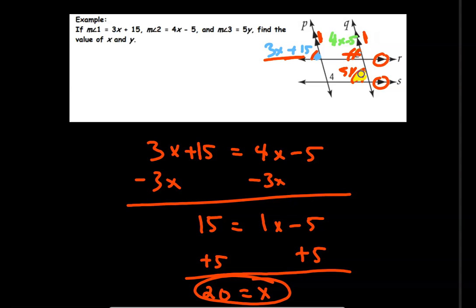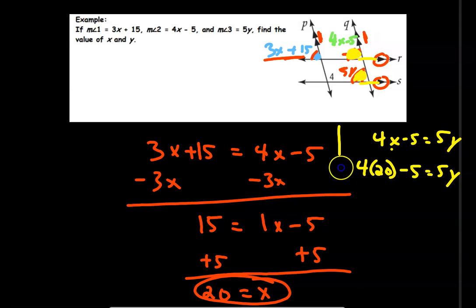Since these two are corresponding, when we look at these two parallel lines, I know that this angle, 4x subtract 5, is equal to 5y. Since I know what x is, I need to plug it in, because this problem has 2 variables, an x and a y. You can't solve it with two variables unless you have two equations. So 4 times 20 subtract 5 equals 5y. Since x is 20, making this 80 subtract 5 equals 5y.